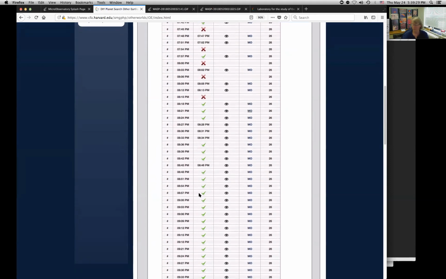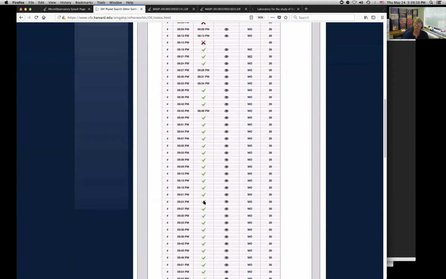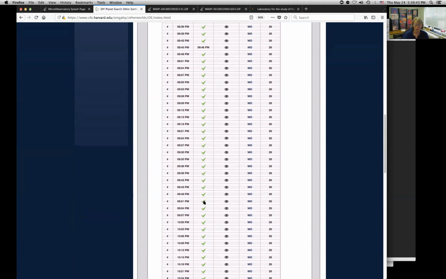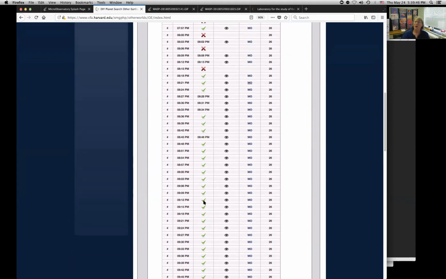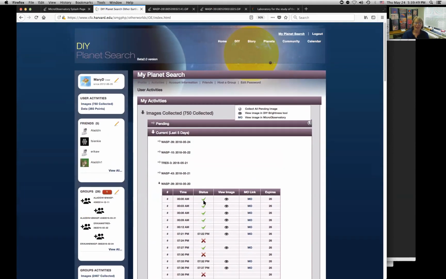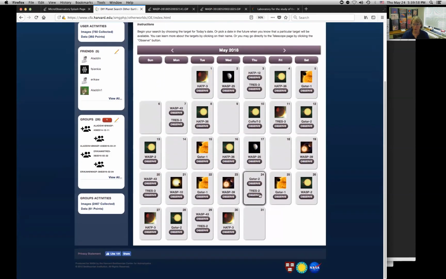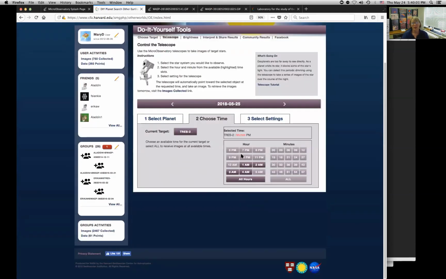And could you expand upon that, because Juliana was curious about if there's any reasons her images wouldn't come back to her. So those are kind of the unique one image at a time, but not a whole data set, correct? If she requests a data set. I think there was concern about that. All right. In DIY, or ExoLab for that matter, if I go to DIY, and I choose here for tonight, TRES 2, if you want all the images, you need to click on the All Hours button.